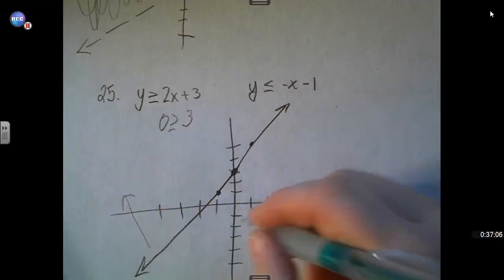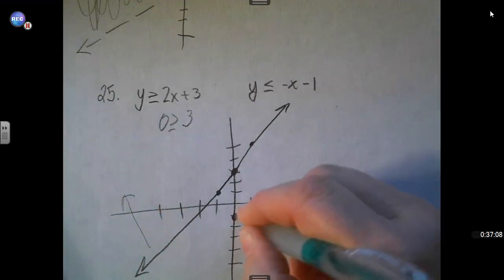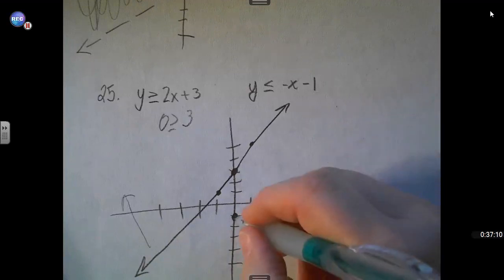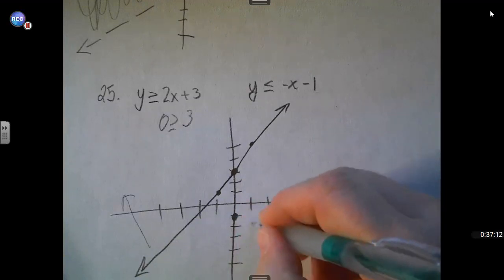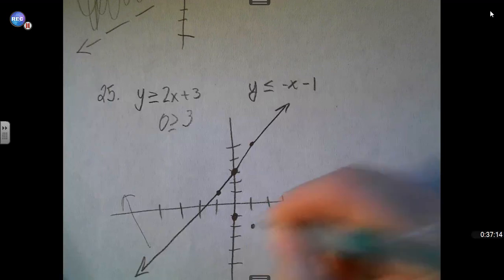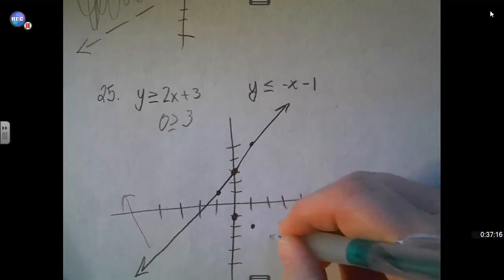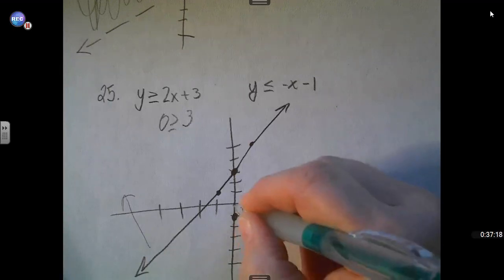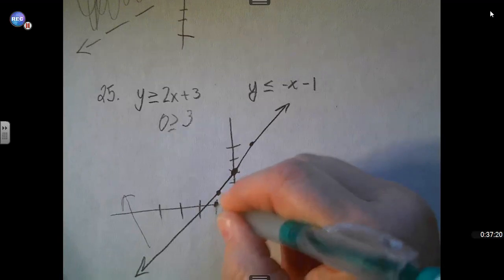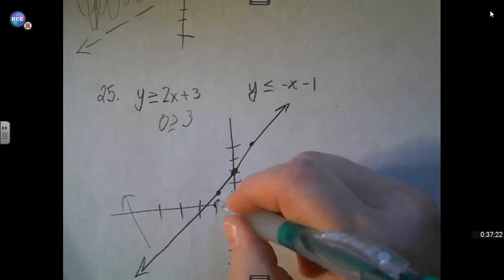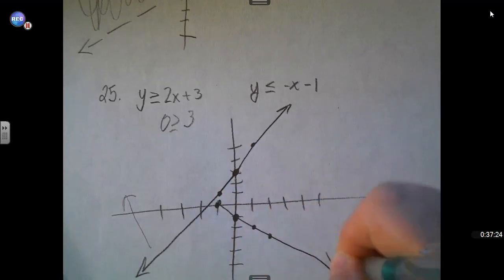My other line, the intercept's at -1. The slope is -1, so I'm going to rise -1 and run +1. Or I could rise +1 and run -1. And that is also a solid line.